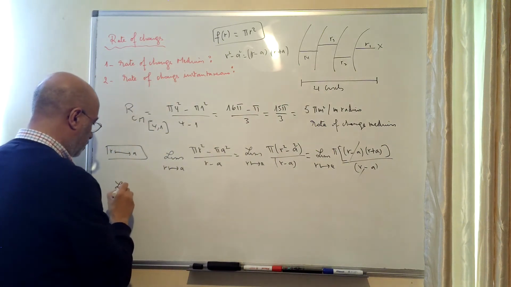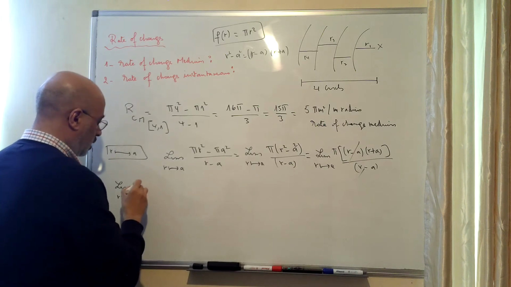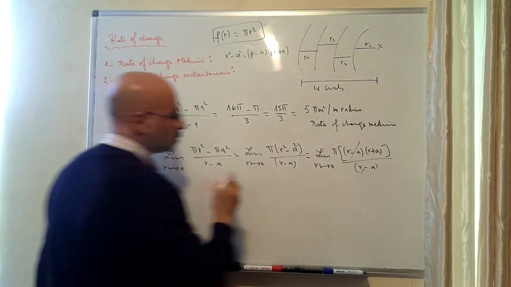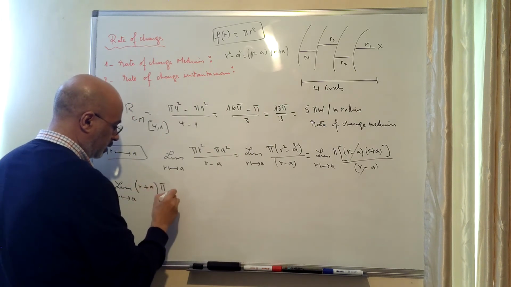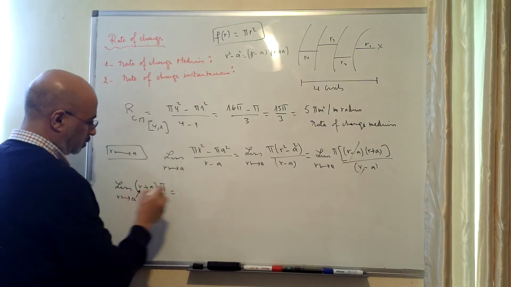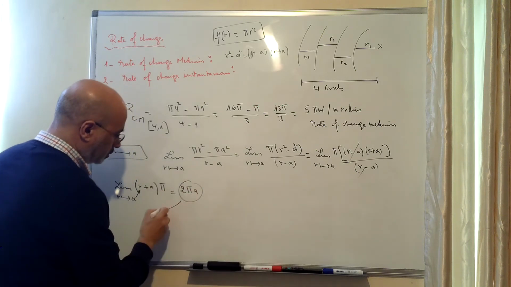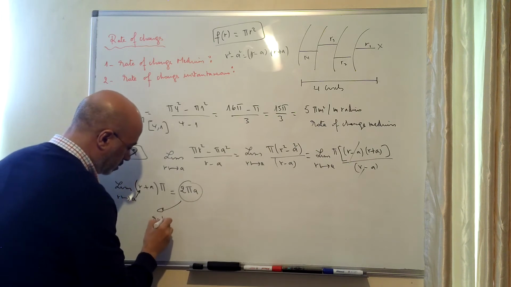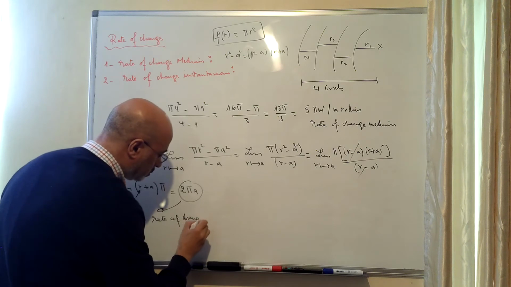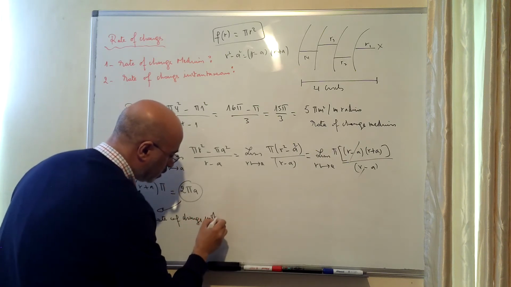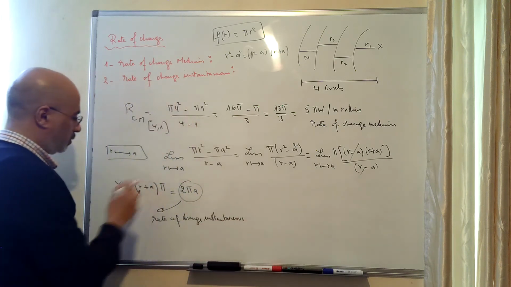It's the limit as r tends to a of (r plus a) times pi. Don't forget, you replace r by a. We have 2 pi a. This is the instantaneous rate of change. Okay, this is the instantaneous rate.